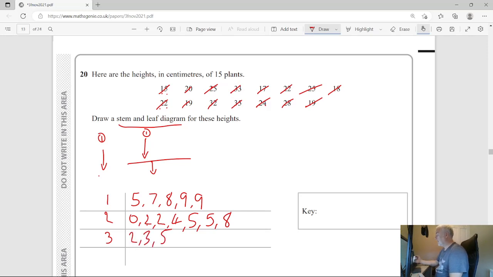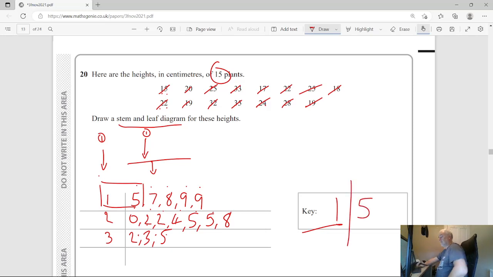Now, at this point, always check, have we got 15 plants? 1, 2, 3, 4, 5, 6, 7, 8, 9, 10, 11, 12, 13, 14, 15. Yes, we have. I'm happy with that. We now just need to have a key, and I would always take the first value you've got there as your key. So 1, line 5. Whatever your first value is, show it as a key in your stem and leaf.